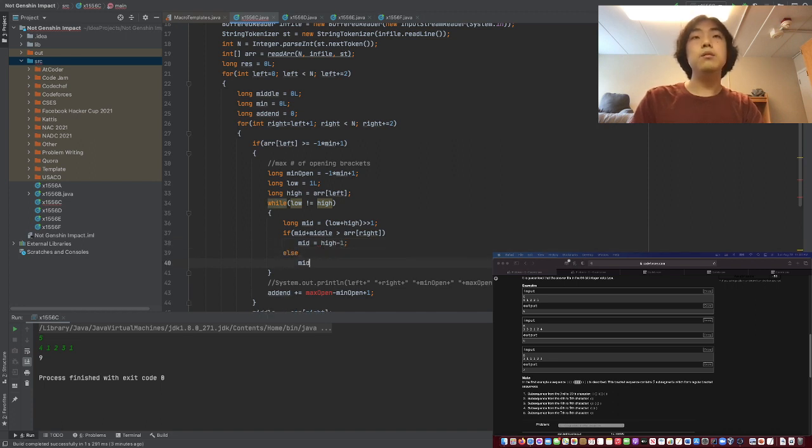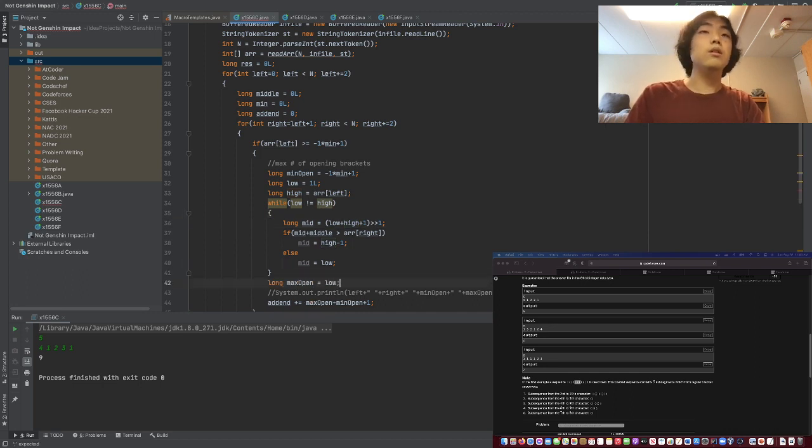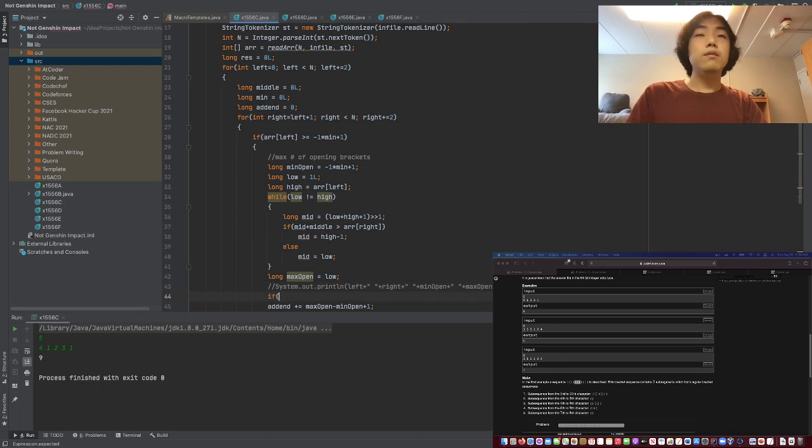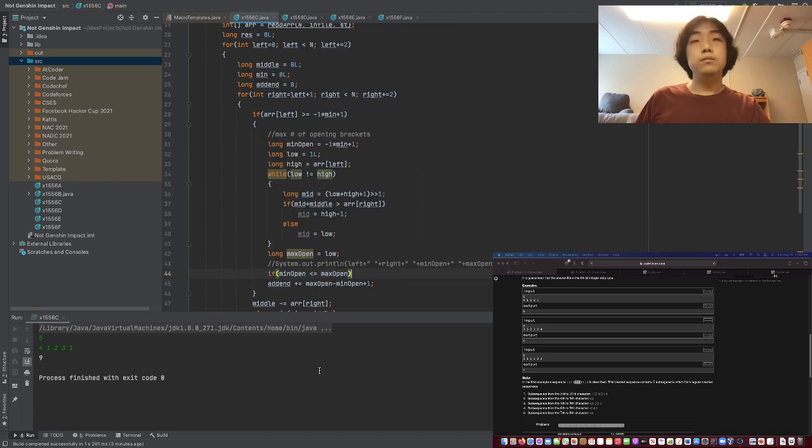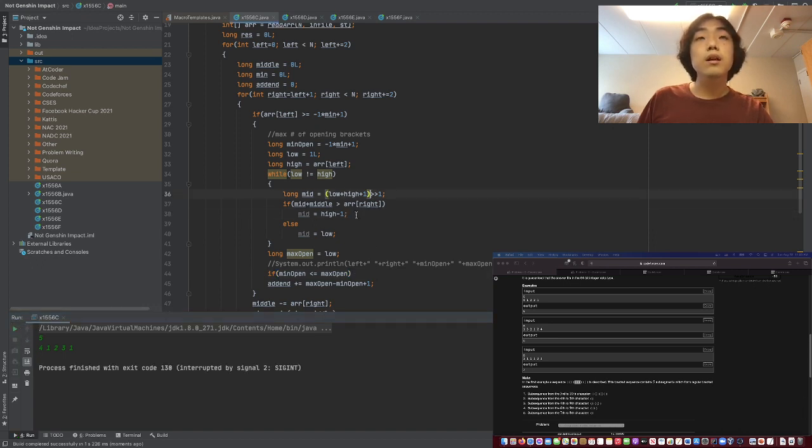Otherwise, mid could potentially be higher, so low is equal to mid. Then the maximum open should just equal low, and I'll only add it on if min open is less than or equal to max open. There we go.